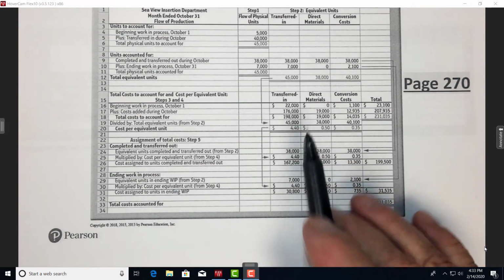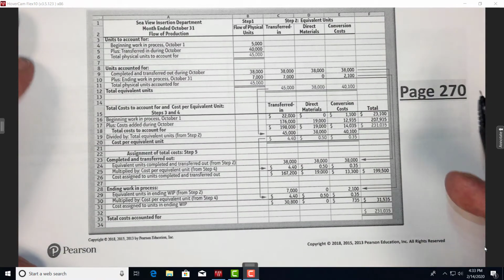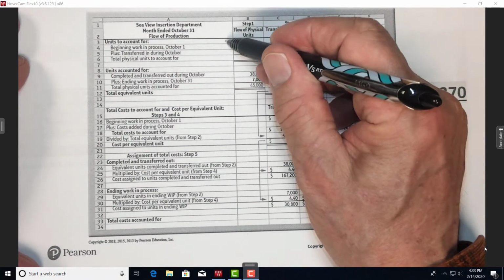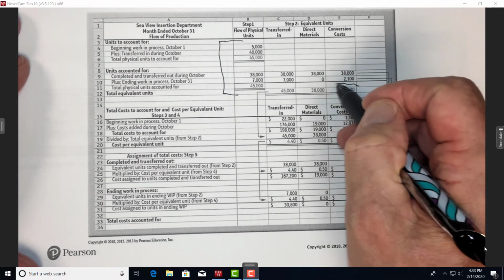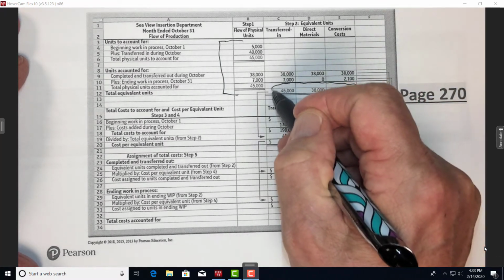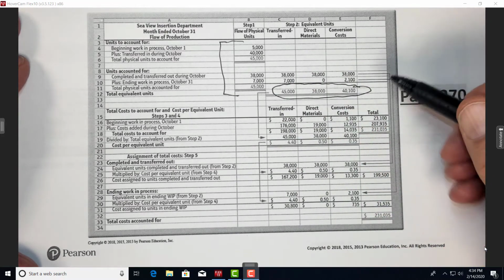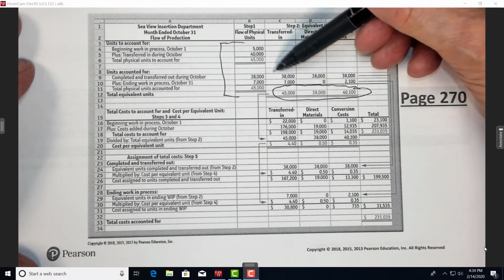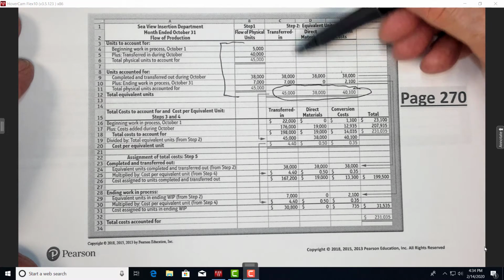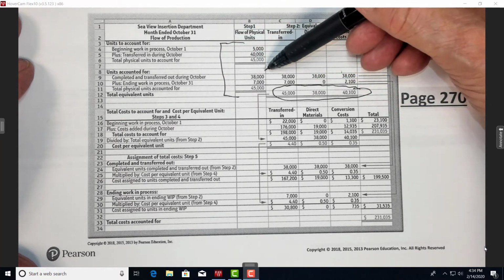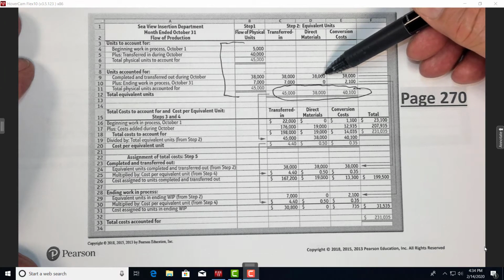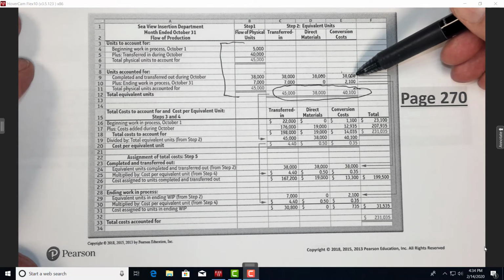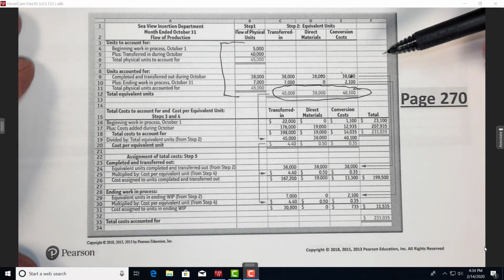So again, if you look at the whole picture, here we're dealing with the physical units, and here we're dealing with the equivalent units. So this is transferred in, 100% complete. 38,000 transferred in, complete in terms of direct materials, complete in terms of conversion costs, are transferred out.